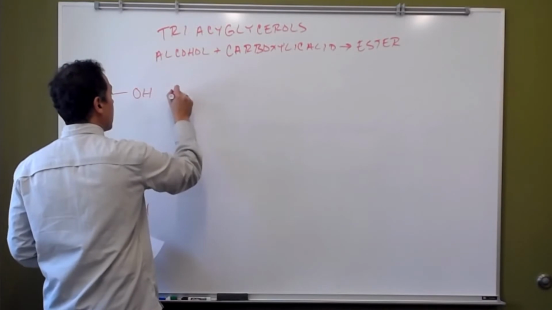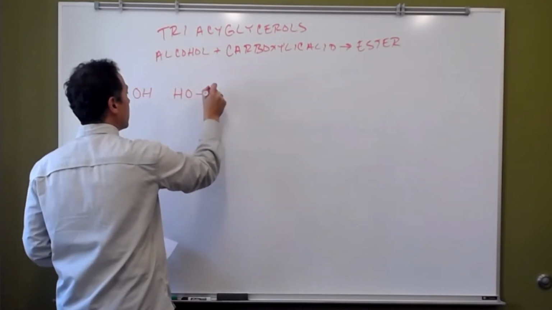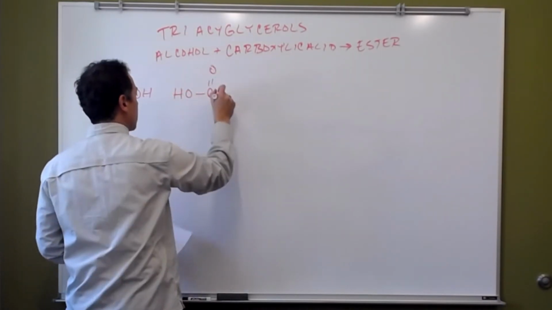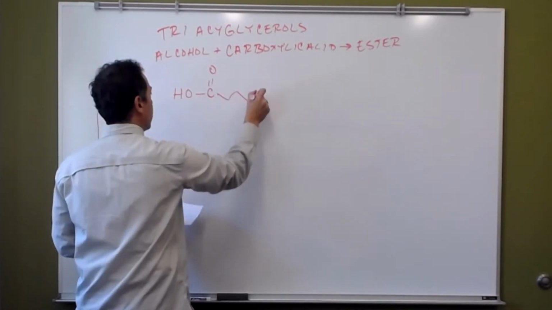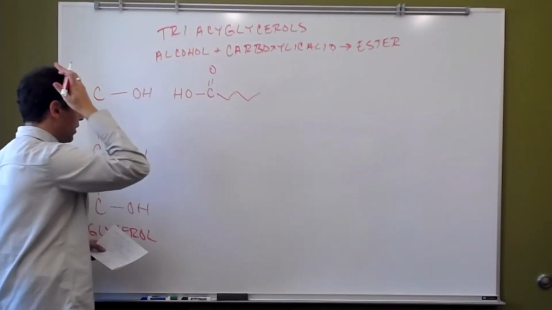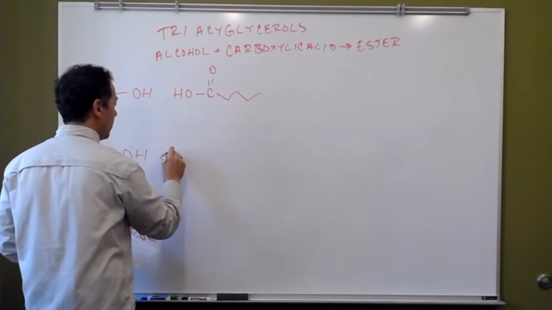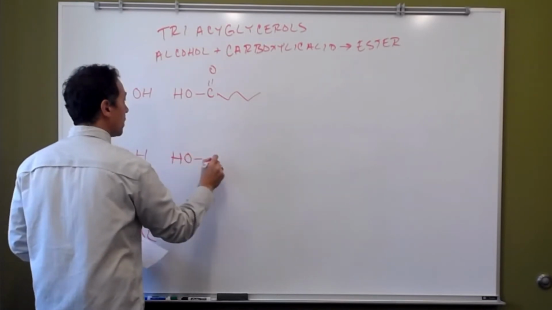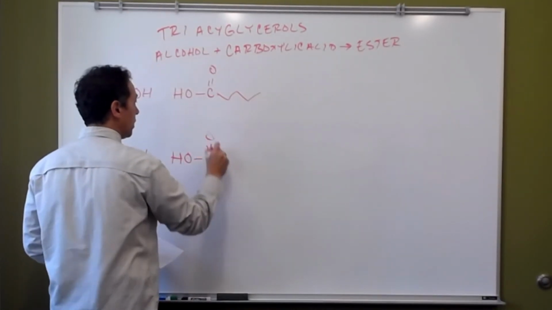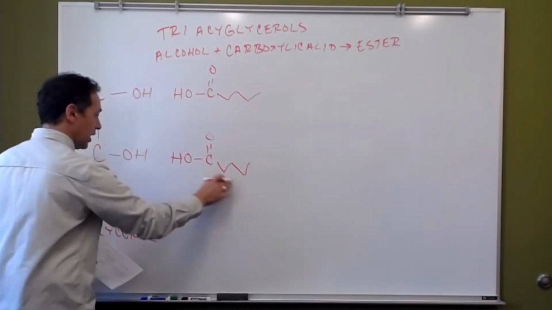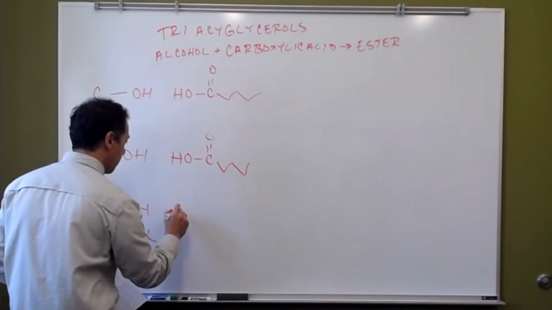So a fatty acid, if we remember from the previous video, looks like this. And we have a carbon chain coming off like that. Okay, and then I would just make 3 of these. Just getting lazy with my zigzaggy lines here.